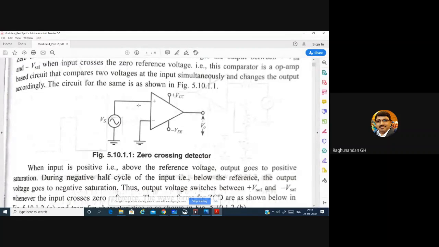When negative voltage, the negative phase, is applied at the positive terminal of the op amp, for this circuit, which terminal will be at higher potential?